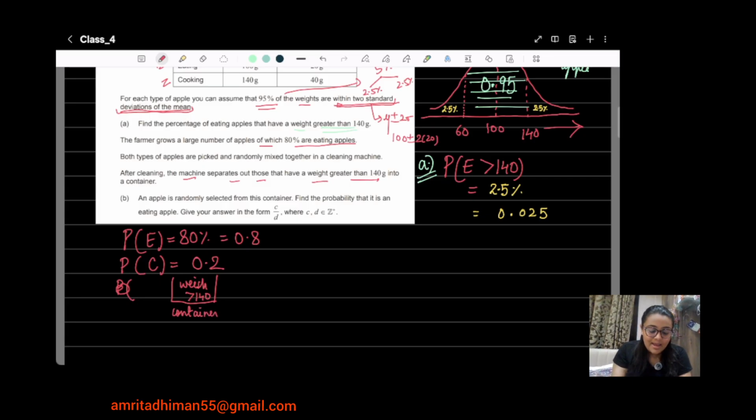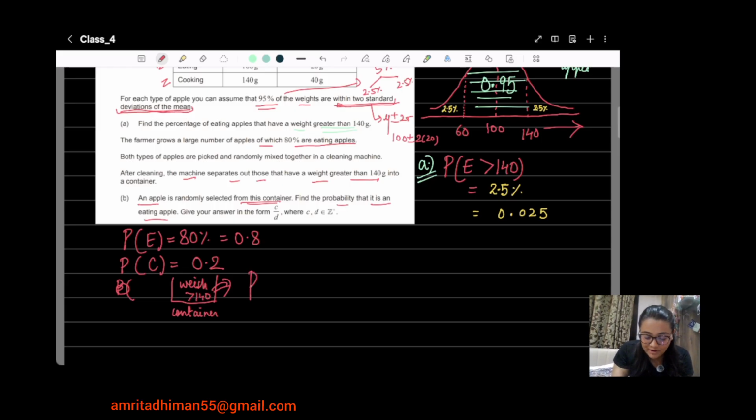Okay, clear? An apple is randomly selected. That means now the conditional probability came. Why? Because we need to choose an apple from the container, not from the whole. So now the total outcome is the container one, not the whole one. Okay. So find the probability that it is an eating apple.